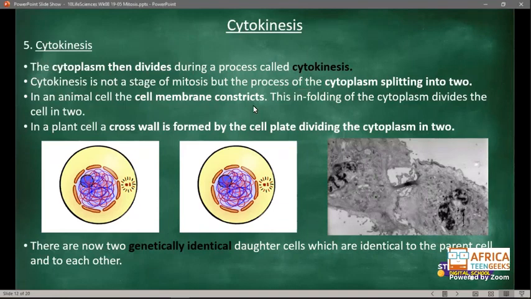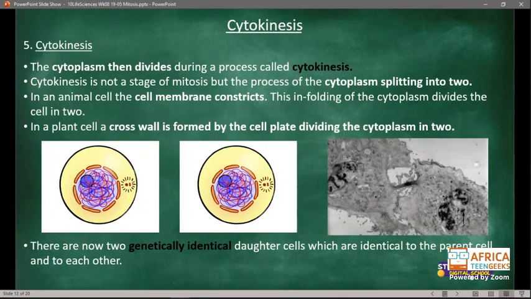So that is all. That is mitosis and cytokinesis. So it starts off with interphase, where the cell grows and the DNA duplicates. Then we have prophase, in which the nuclear membrane disintegrates and the chromatin network condenses.